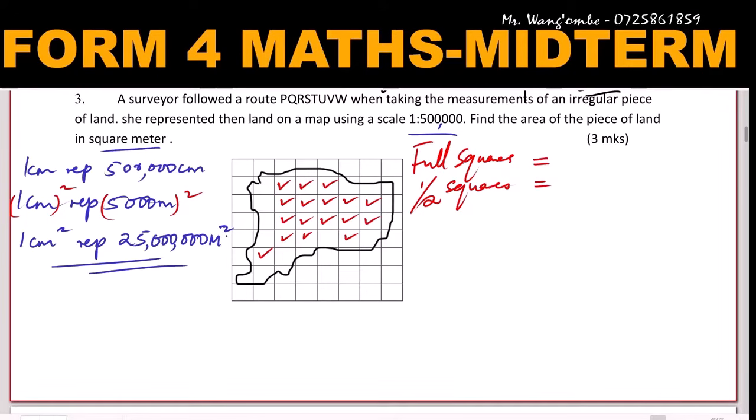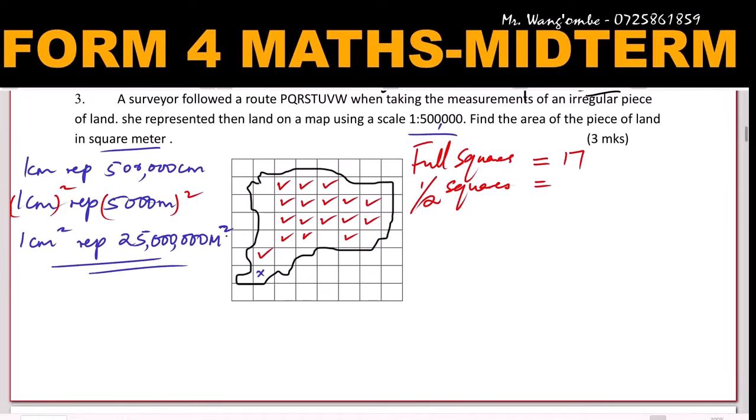Make sure you're very careful. So they're 17. Then the half squares are the ones that are not full. However small a square has been touched, we take that as a half square. So let me begin from here.